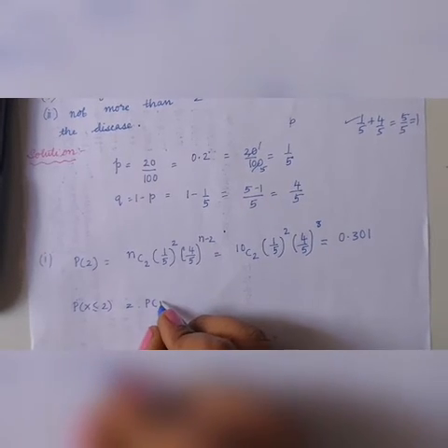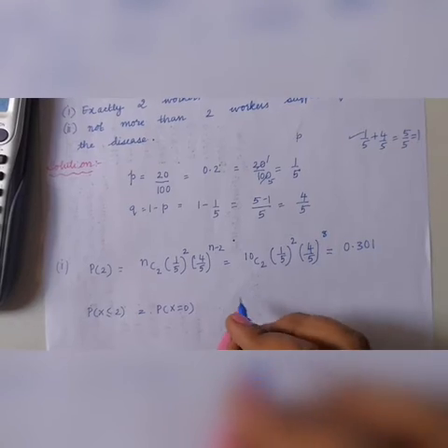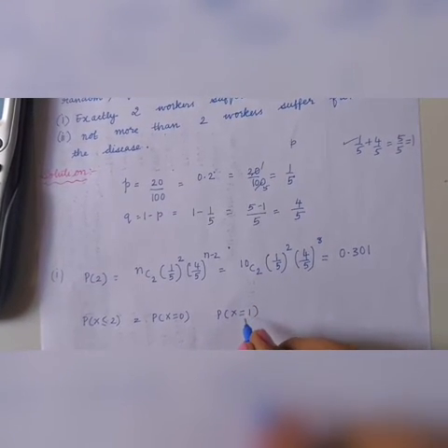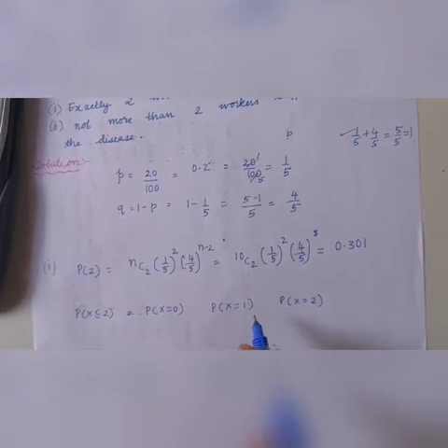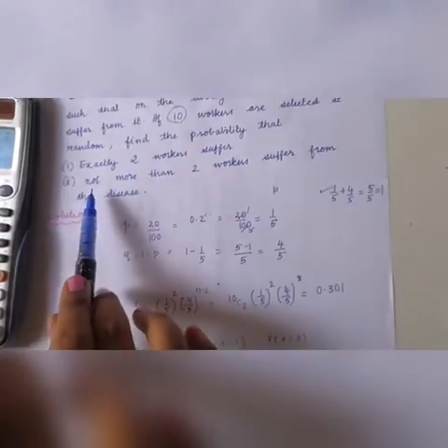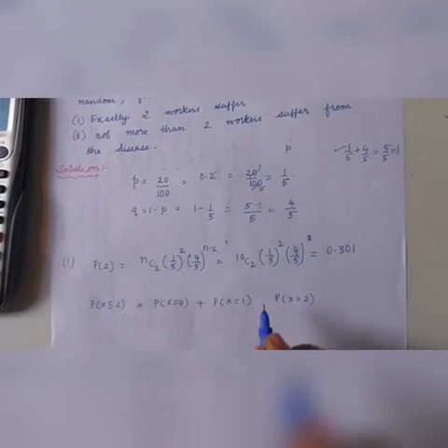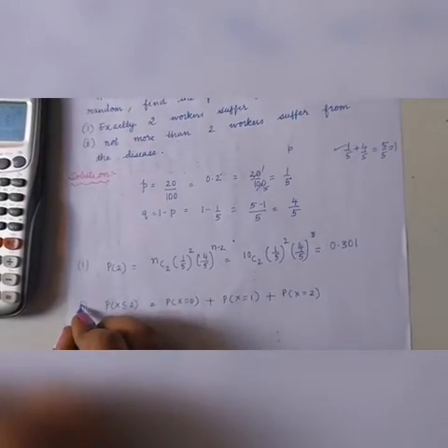P of x equal to 0, P of x equal to 1, and P of x equal to 2. These 3 values, since the x value should not be more than 2. So we have to add all these values to get the probability for the second question.